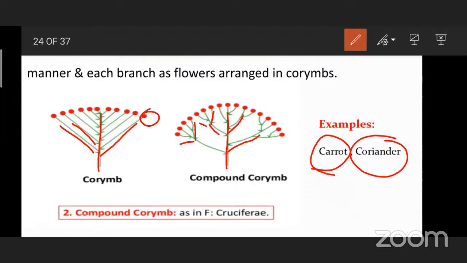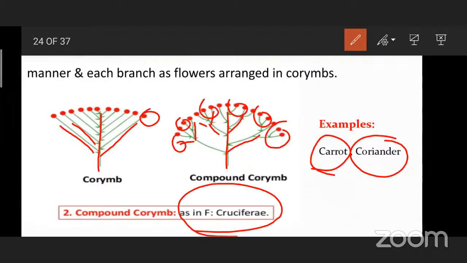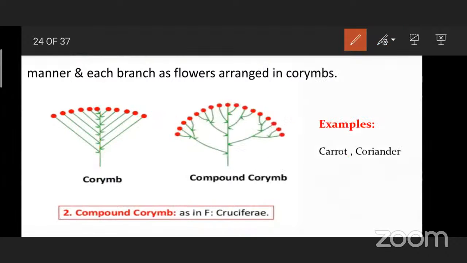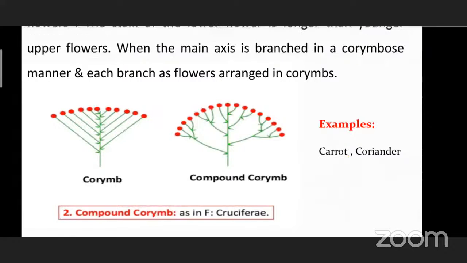The younger flowers are upper, when the main axis is branched in a corymbose manner. Okay, see here, these are pedicellate flowers. The next example is also from the Cruciferae family. This is known as compound corymb racemose type.